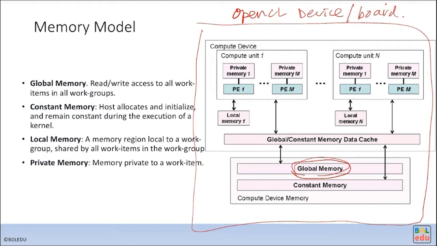And then there's a constant memory. Here in the OpenCL device, it may have a cache. And each processing element works with a private memory. Mostly the private memory is on-chip data buffers.